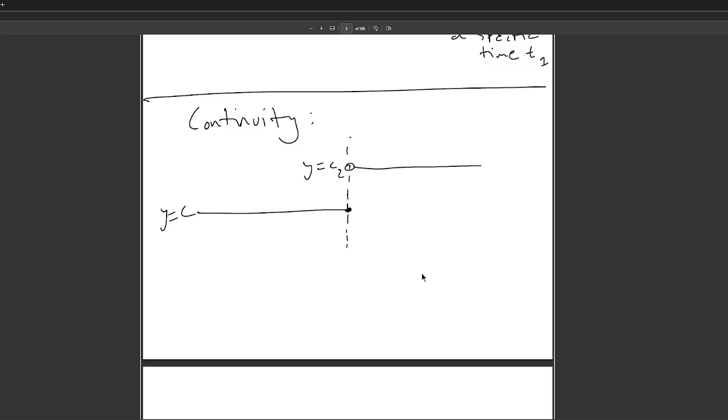Notice how it's defined for every x value all over here, and then it goes over here. And now what happens? There's a jump discontinuity. So this does not count as continuous.